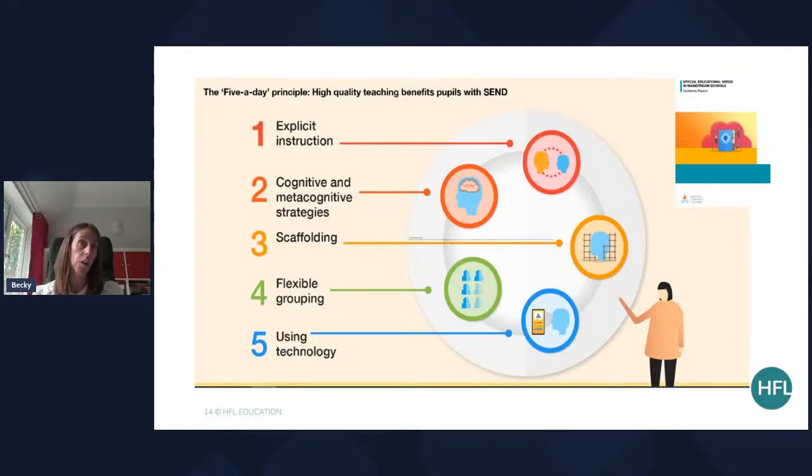Again, you might have local authority guidance that suggests strategies that teachers should be using within their classrooms. And the main thing to consider here is, to a great extent, good teaching for pupils with SEND is good teaching for all. And we very much try and get that message across, that if we put these strategies in place as part and parcel of our teaching, we are supporting all our learners, not just those with SEND.